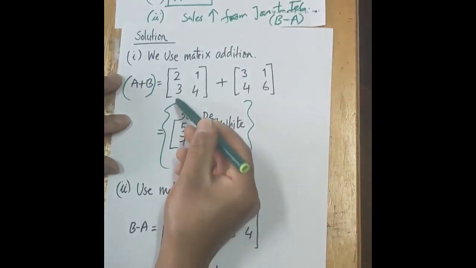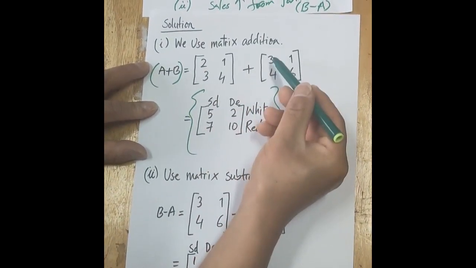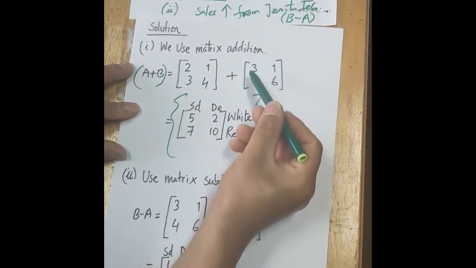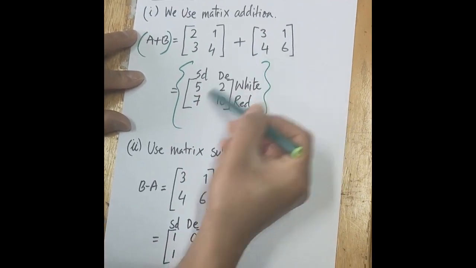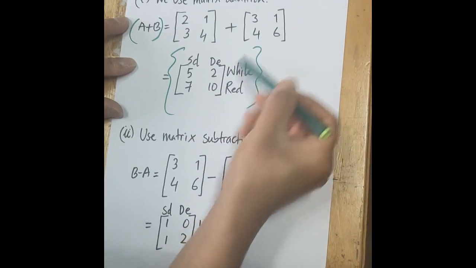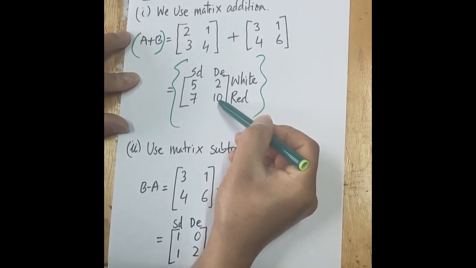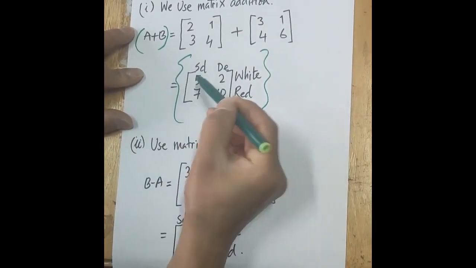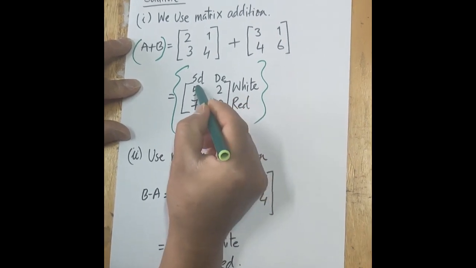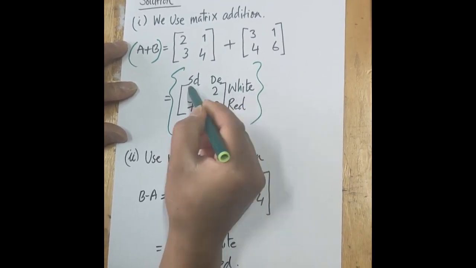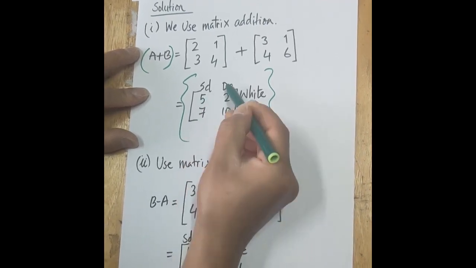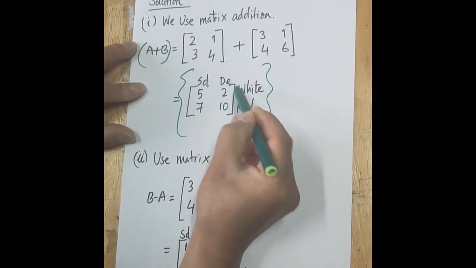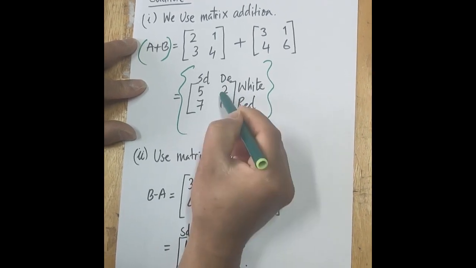So for example, if you add these two matrices A and B, we have 2 plus 3 is 5, 1 plus 1 is 2, 3 plus 4 is 7, and 4 plus 6 is 10. Which means that the total sales of a white color standard car is 5 and the total sales for the white color car in the form of deluxe is 2.